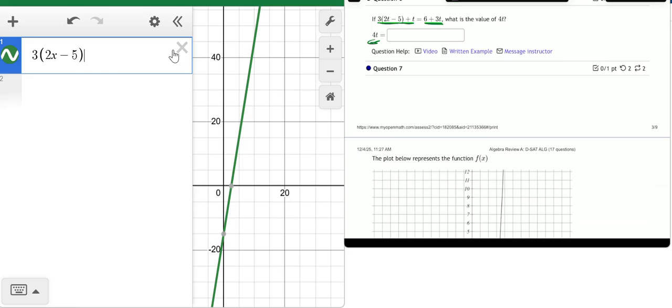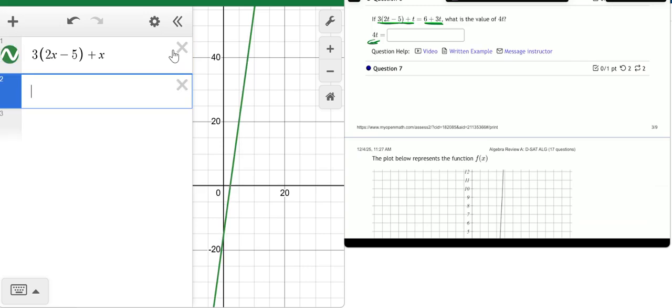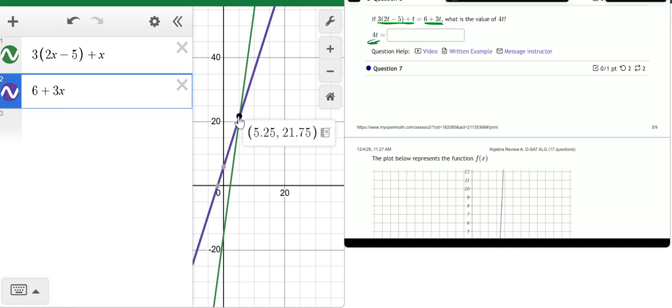Desmos doesn't understand any other variables but x and y. Okay, so if I took 3 times the quantity 2x minus 5 plus x as one line, and then on the right side of my equation I have 6 plus 3x as my other. If I find where they intersect, that is my solution. T is equal to 5.25.